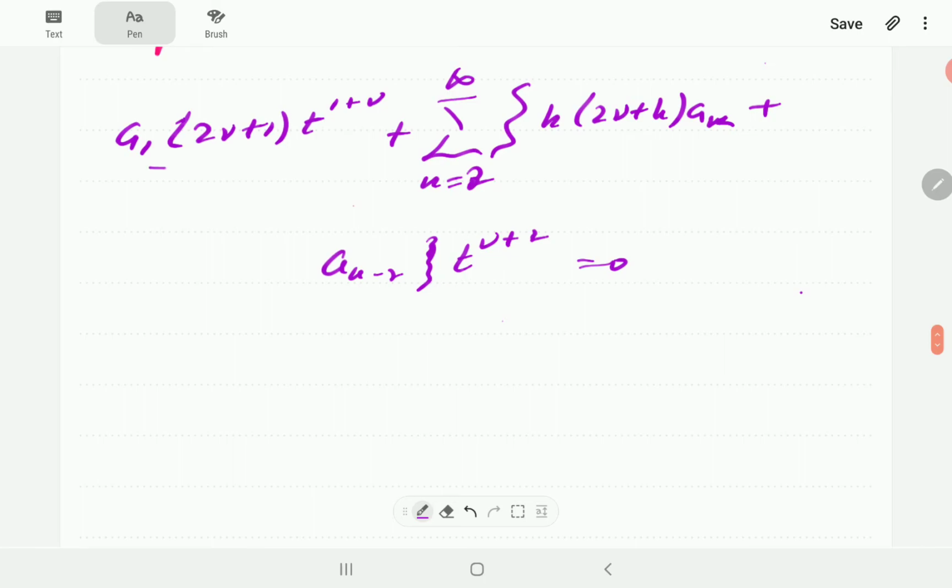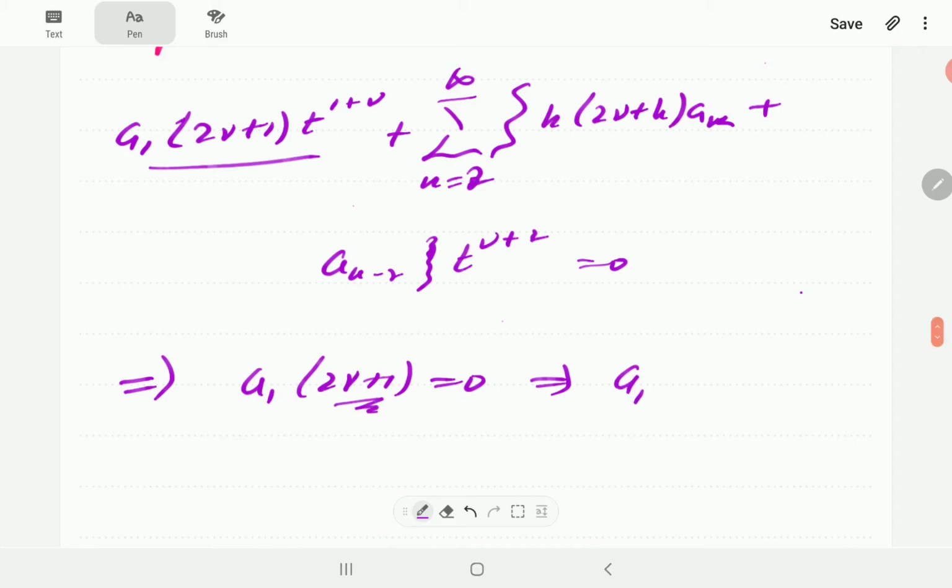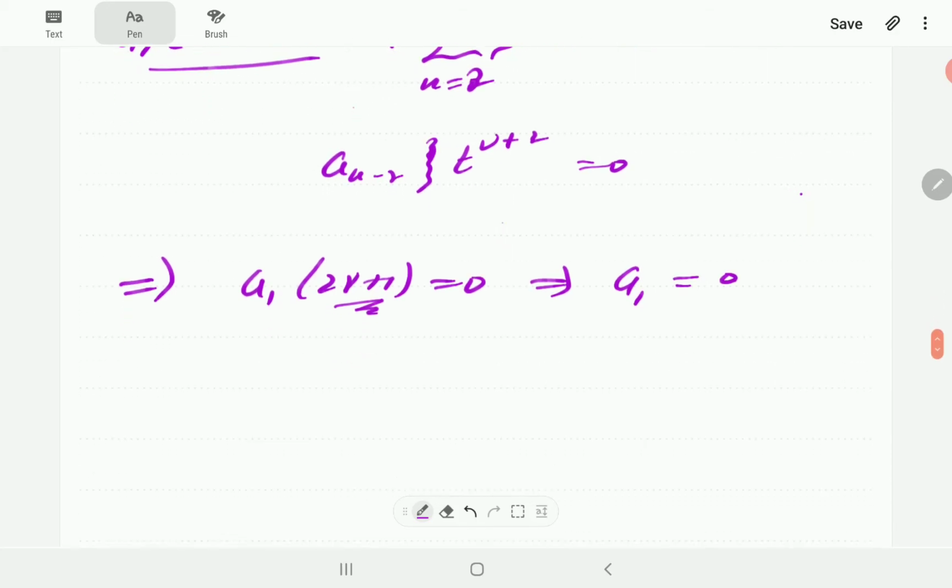Then from this we can see that we're going to have a1 times 2 nu plus 1 equal to 0. So this is telling us that so long as 2 nu plus 1 is not equal to 0, then a1 is just going to be equal to 0.